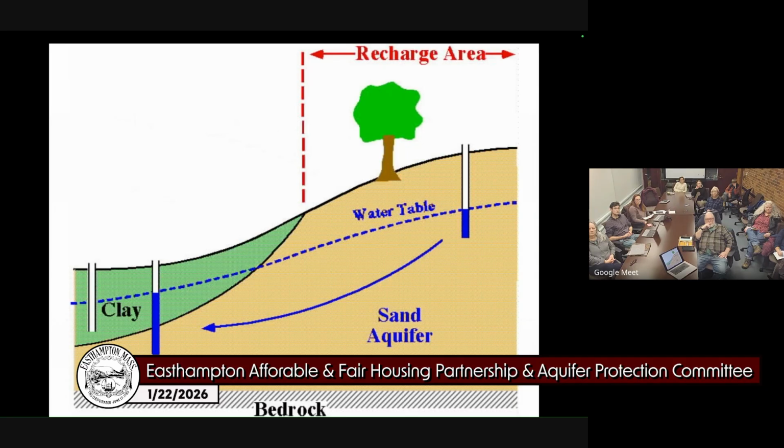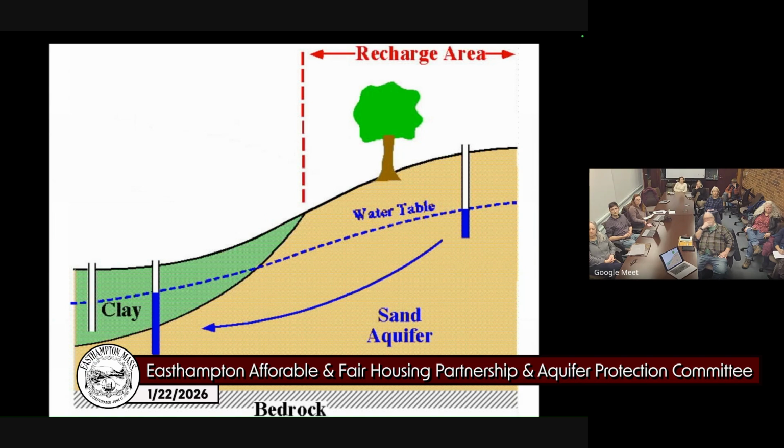But of course, when the ice had paused at this point, the sand and gravel goes all the way to the surface. So clearly we can say, okay, there's a recharge area right here. The aquifer is exposed at the surface of the earth right here. This is where recharge is occurring. You're not going to get much recharge over here because of the clay.